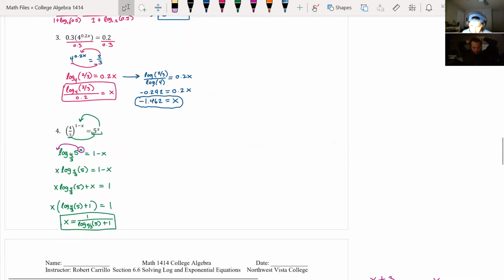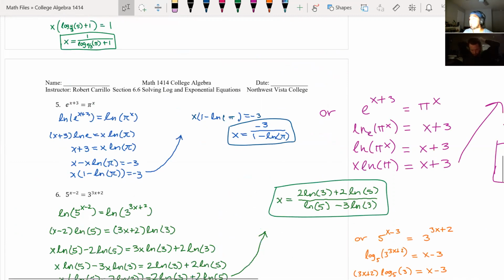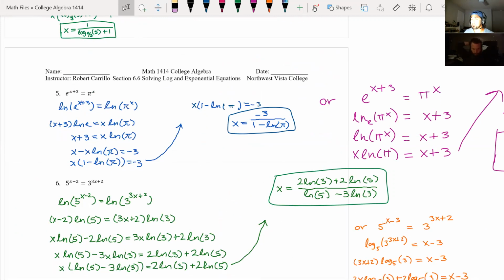So down here, that's exactly what Carl chose. Carl chose to apply the natural log to both sides. You can apply the natural log or the log. It does not matter. But if you do have a base of e, it would be smart to apply the natural log to both sides, just because e and the natural log are inverses of each other. But as you see, there's Carl's work where he applied the log to both sides.